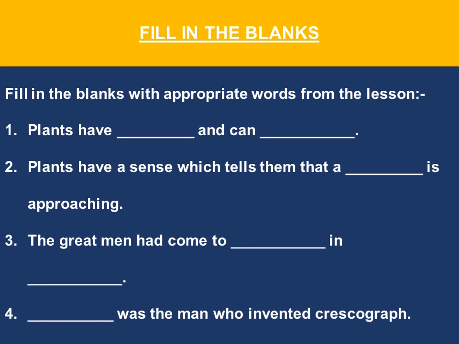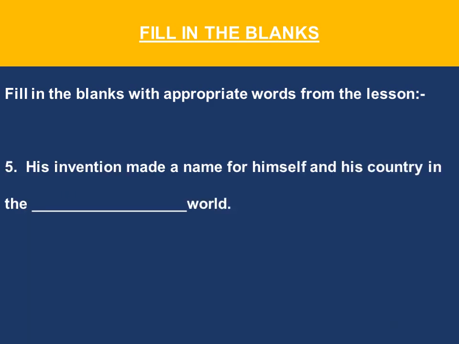Third, the great men had come to dash in dash. Fourth, dash was the man who invented crescograph. The fifth fill in the blank says, his invention made a name for himself and his country in the dash world.